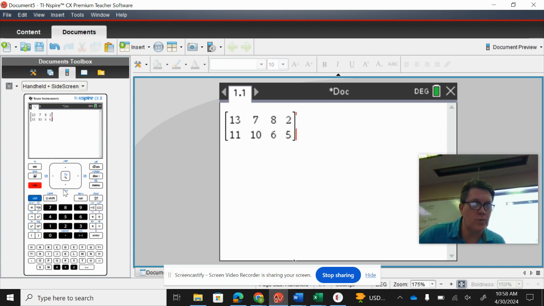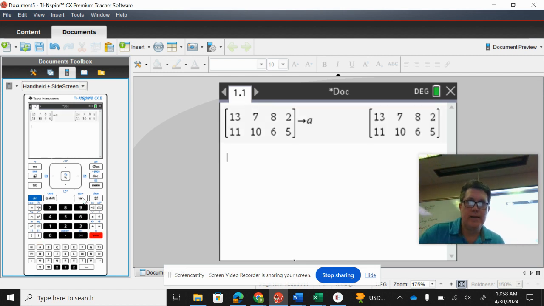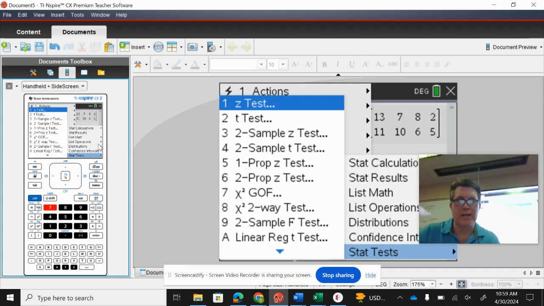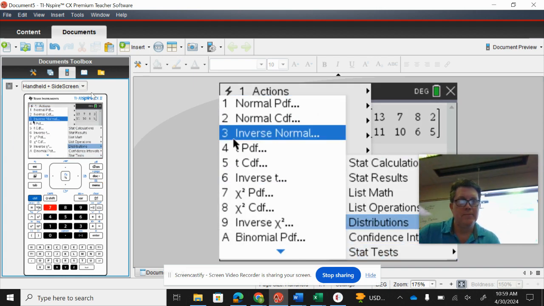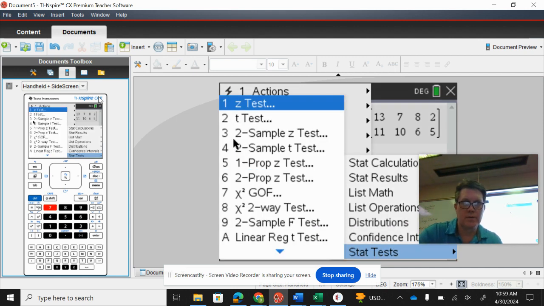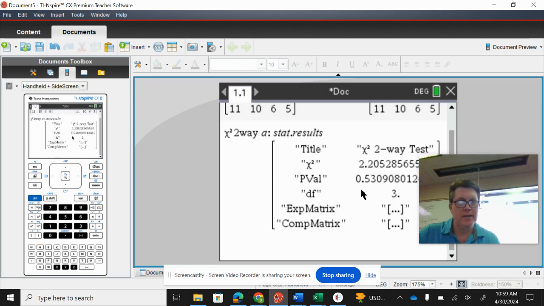Okay, and we're going to store that into A. All right, so now we're going to go menu 6-7. We're going to run the chi-squared two-way test. And pretty much easy to run. We just put it on matrix A, and it runs the test.